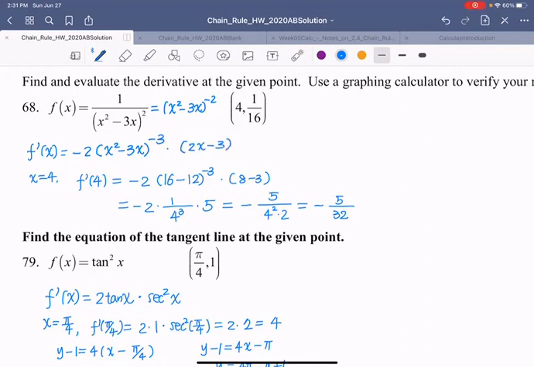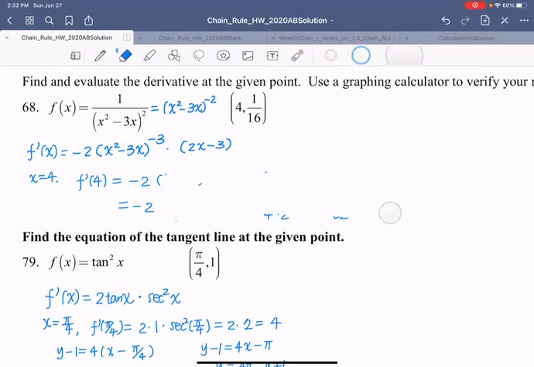Now let's plug in x equals 4. This is 4 squared, 16, minus 12, right? 2 times 4 is 8, minus 3 is 5. Then this is 1 divided by 4 to the power 3. 16 minus 12 is 4, and 4 cubed is 64, so this is 1 over 64, and then times 9.